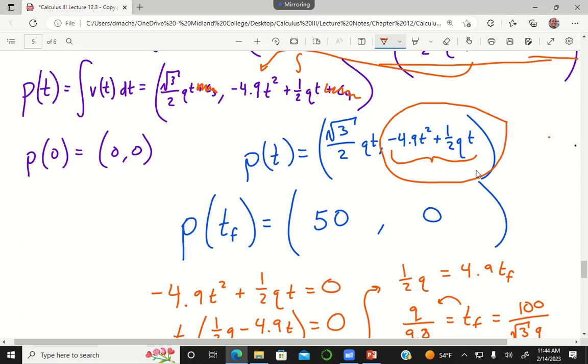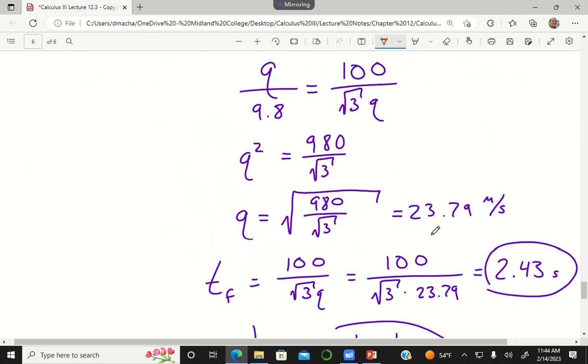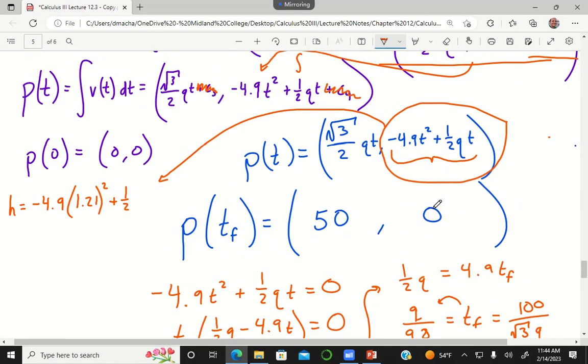And so to find the height at the apogee, that's going to be negative 4.9 times, what did I say, 1.21 squared plus 1/2 q, where q was 23.79, times 1.21. There we go.